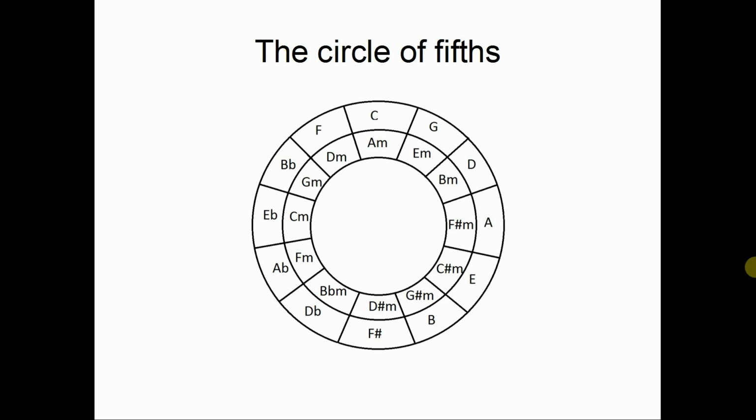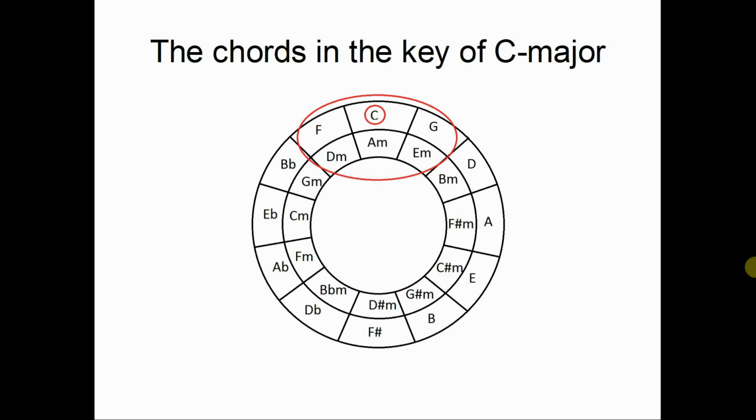To know which chords you can use in which key, you just look and use the chords that are around the middle chord, like this. If we are in the key of C major, we have F to the left and G to the right and D minor and A minor and E minor. Those are all the chords in the key of C major.